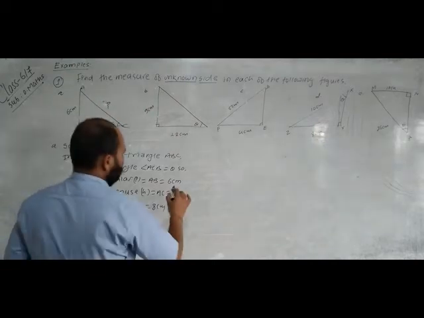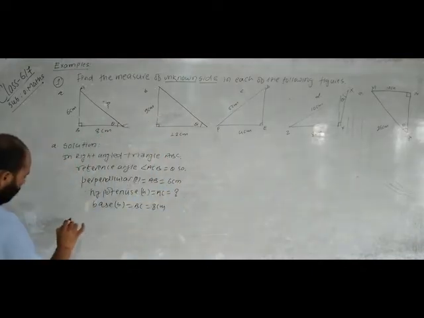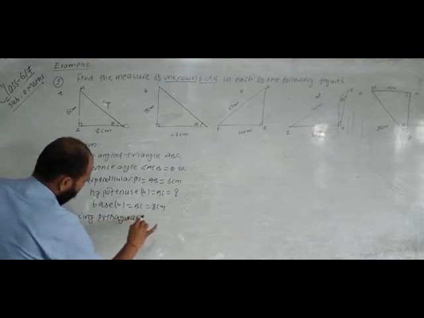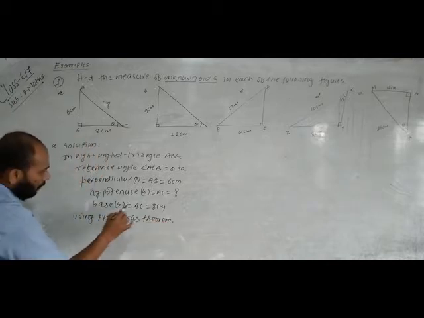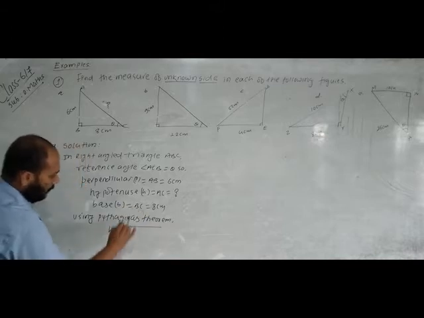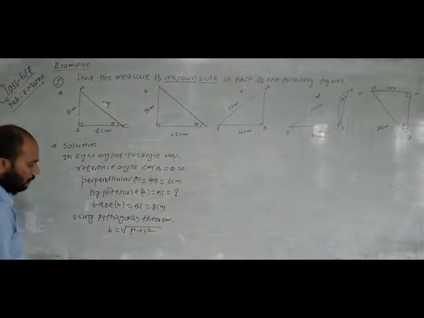Now look here, by using Pythagoras theorem, what is the formula to calculate H? We know that the formula to calculate H is the square root of P square plus B square. We already completed this formula.